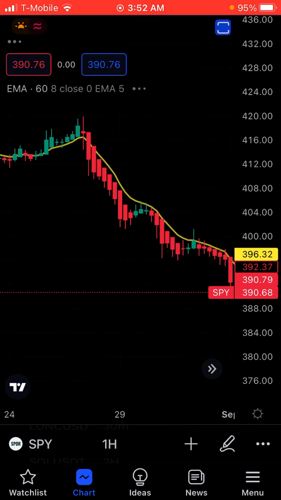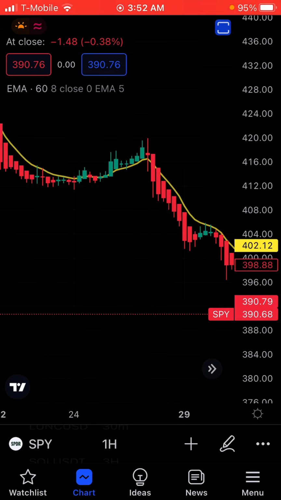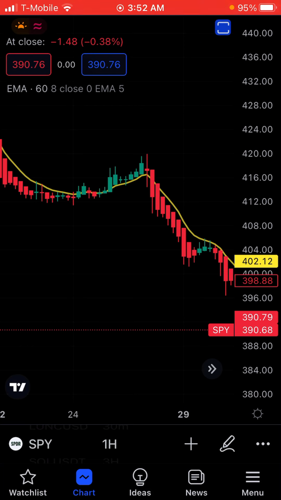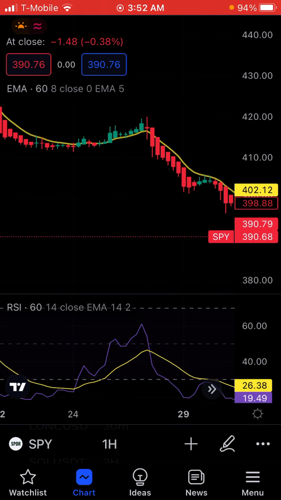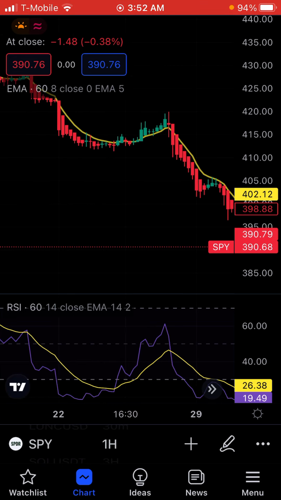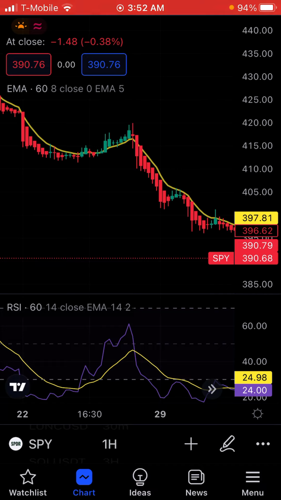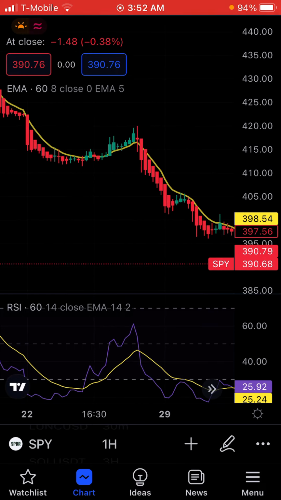So that's if you do it by the hour. If you don't do it by the day, next thing I would suggest is doing it by the hour. But it's a lot faster, so you have to keep your eye on the chart a lot more than if you're trading by the day. But if you need a quick $400 or whatever, you could do it, but you won't make long-term gains.